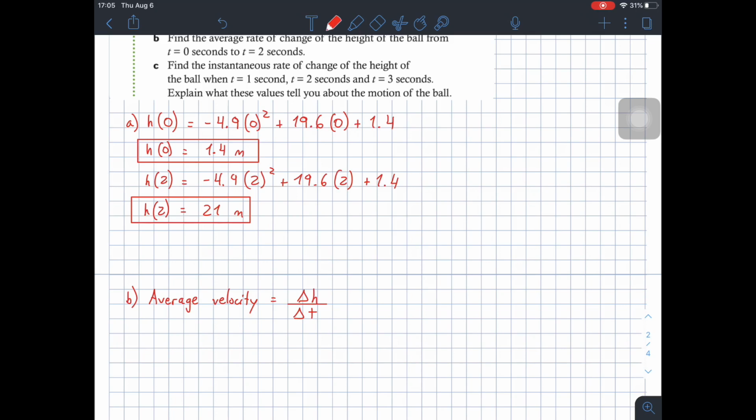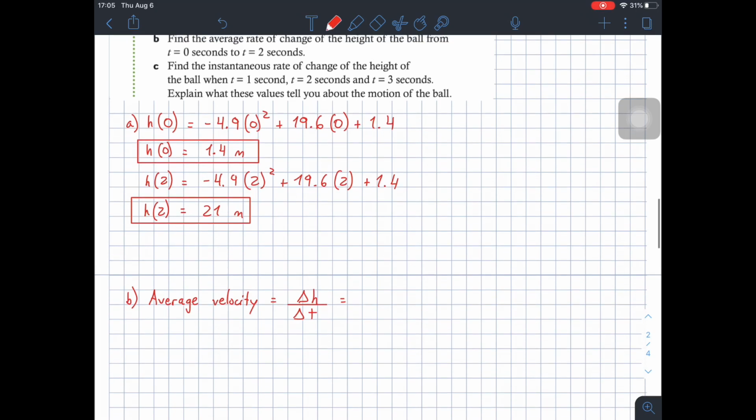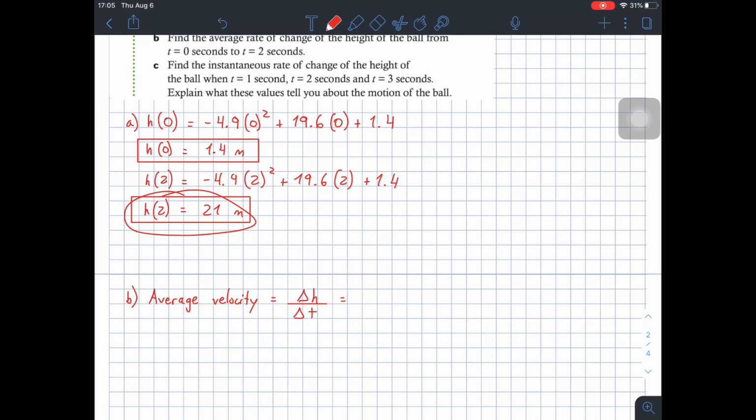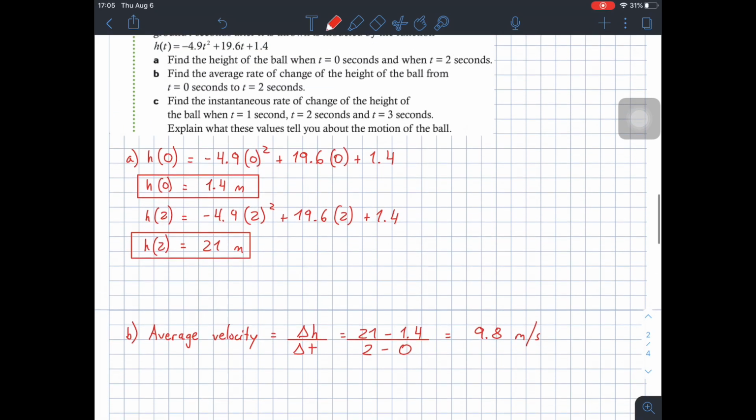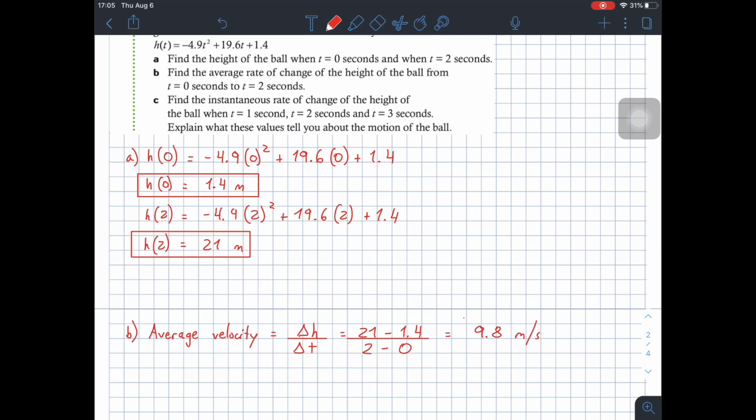So what I'm going to do here is final height, which in this case is 21 after 2 seconds, minus the initial height, which is at 0 seconds, 1.4, divided by final time, which is 2 seconds, minus initial time, which is 0 seconds. If I solve this, I'm going to get the average velocity, which is equal to 9.8 meters per second. That's the value of the average velocity or average rate of change of height.